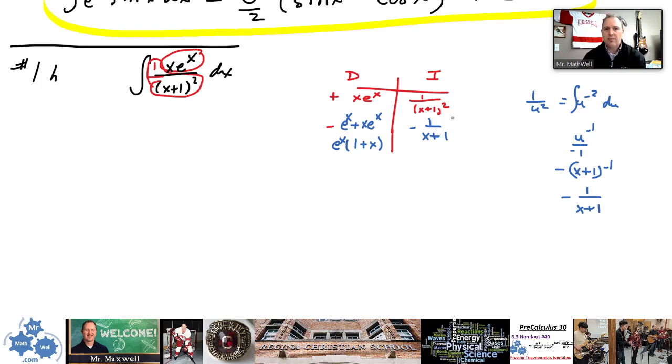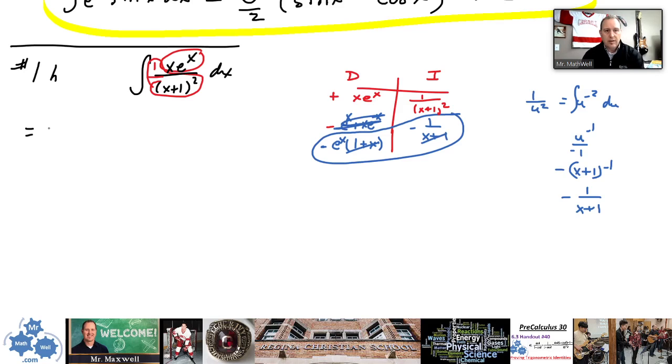And if you look at this as a product here, then you have 1 plus x over x plus 1. Those cancel out, and you have positive e to the x. So this actually equals positive e to the x.